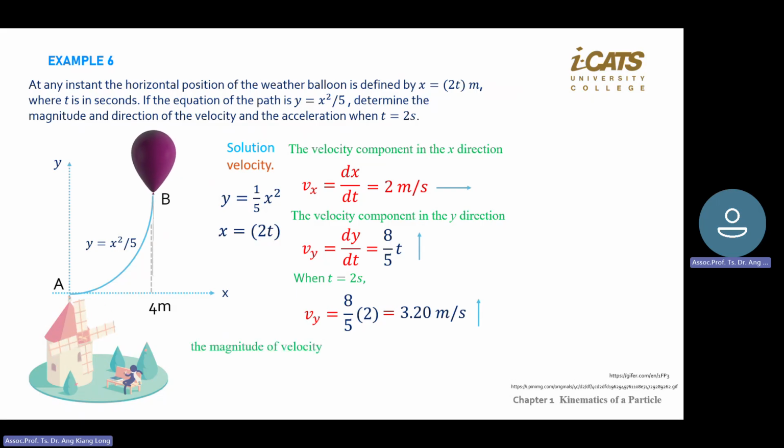Okay, magnitude. How do you find the magnitude of velocity? You combine the two. So the magnitude is you square this one, and square root. Vz we don't have, right? So you press the calculator, you get 3.77 meter per second. Direction.